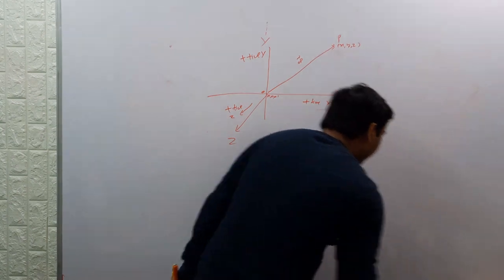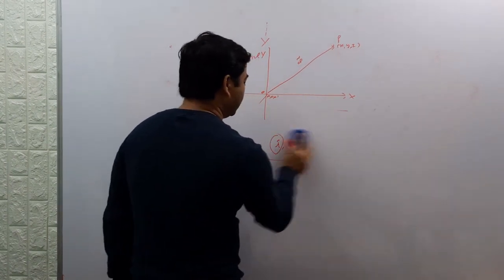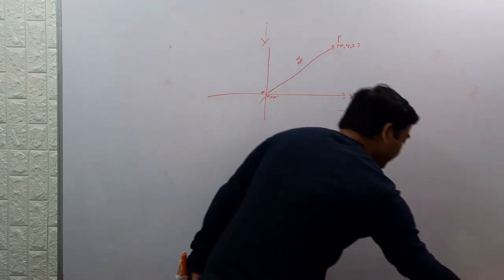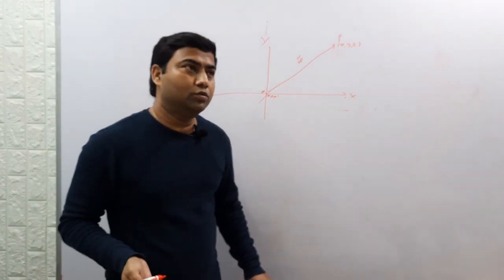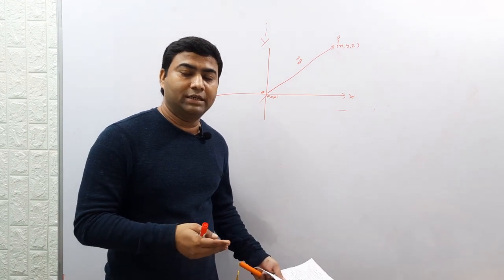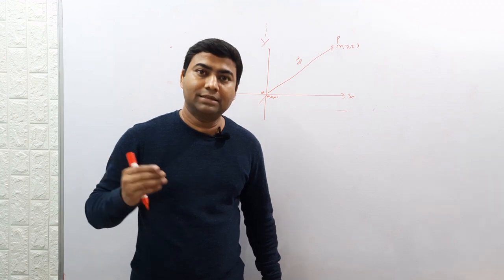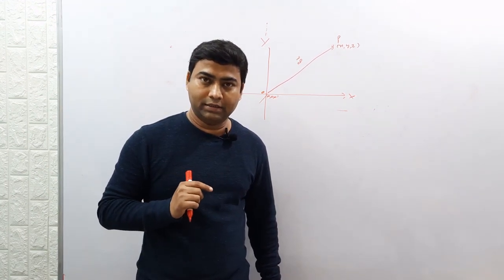Now we will represent any vector in this Cartesian coordinate system in terms of I, J, K. To solve a physical problem, you can give any representation to I, J, K. You can assume I as a unit force in the x-axis, J as a unit force in the y-axis, K as a unit force in the z-axis.